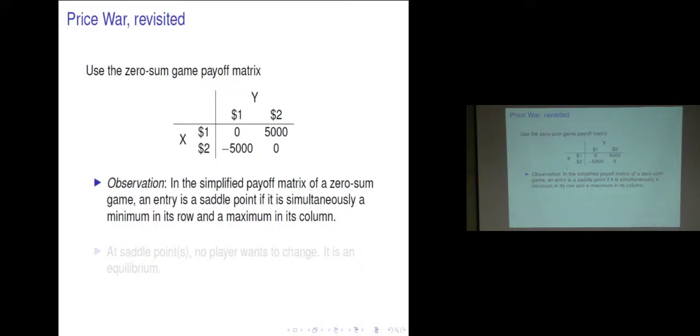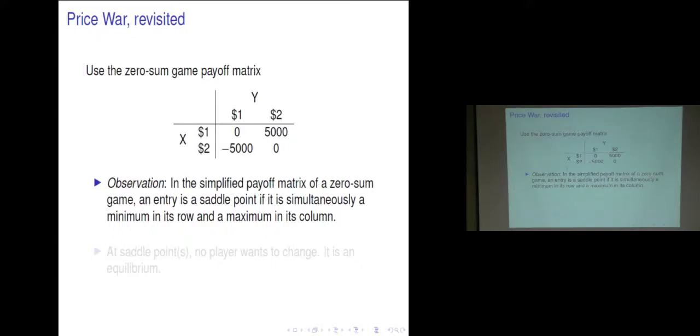Now we introduce the concept of saddle points. In this simplified matrix, the saddle point is defined to be the minimum of some row and, at the same time, the maximum of its column. For example, this entry 0 here is the minimum of 0 and 5,000.